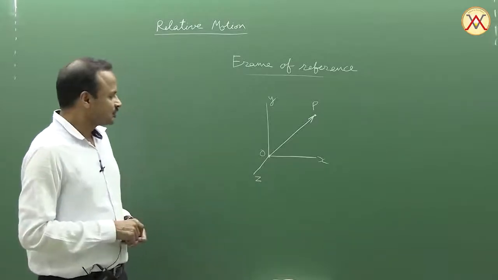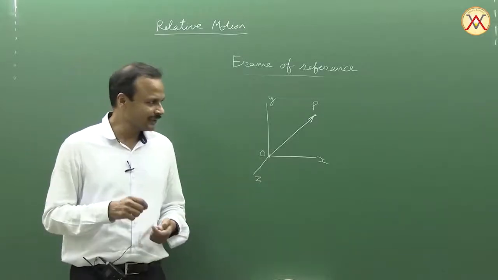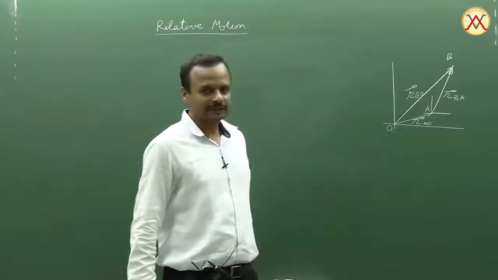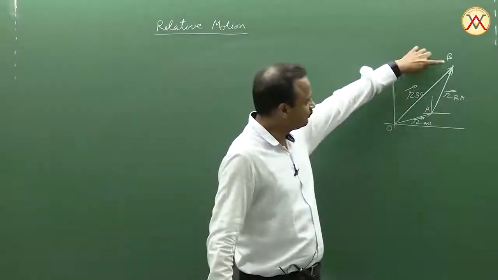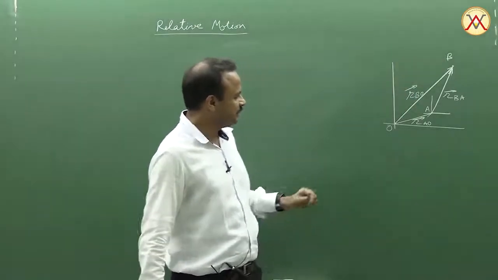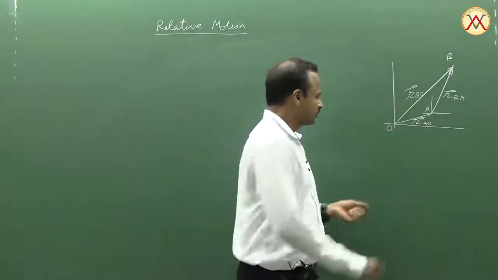All right. So let's start. In this situation here, the motion of particle B is being observed by two observers.